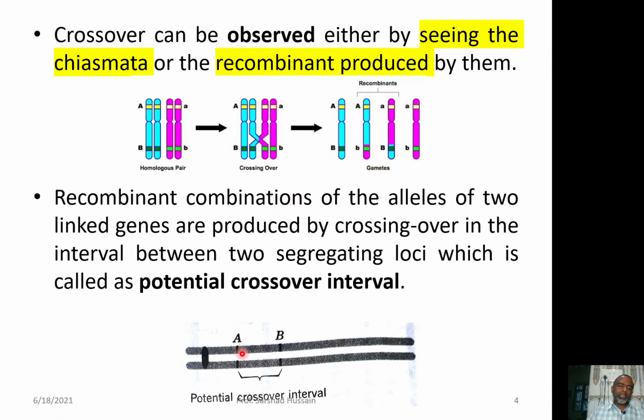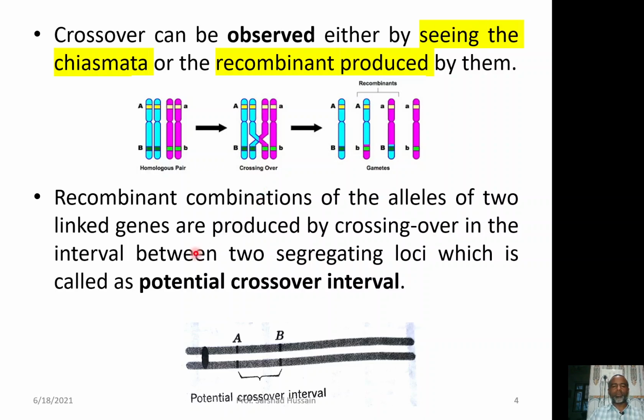Now, whenever there is a crossing over between the two genes, there is an interval where the possibility is that the crossing over may take place and lead to the recombination of the pair of the genes. So, like here also you can see between A and B, this is the interval where the crossing over may take place, leading to the interchange of these two genes.